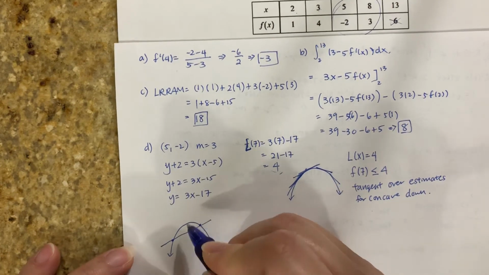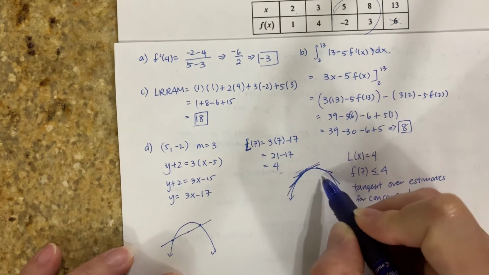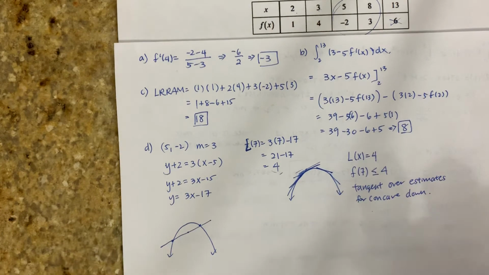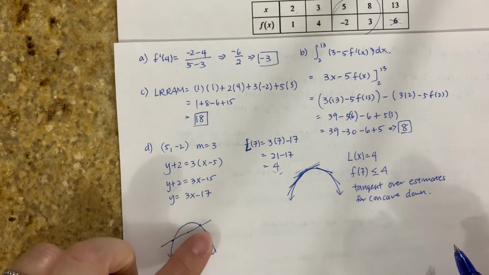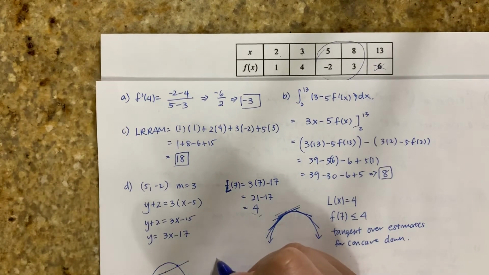See how my line is going to be underneath whatever the actual value is, whereas my tangent line up here is always above whatever the actual value is. This is the 5, this is the 8. I'm going to use those two points to find my slope first. Slope is y2 minus y1 over x2 minus x1.